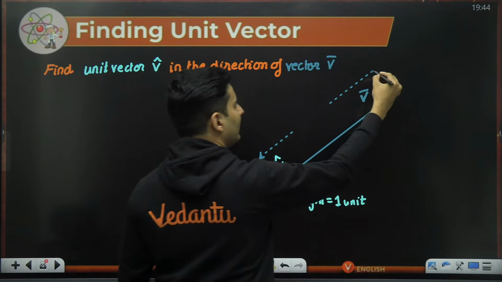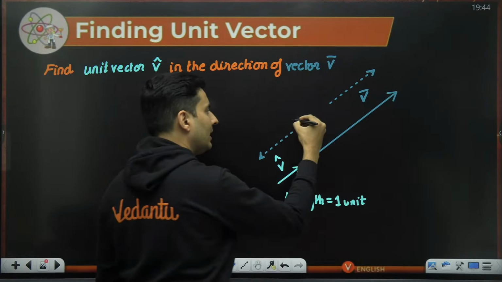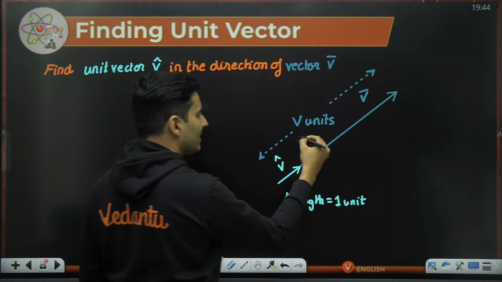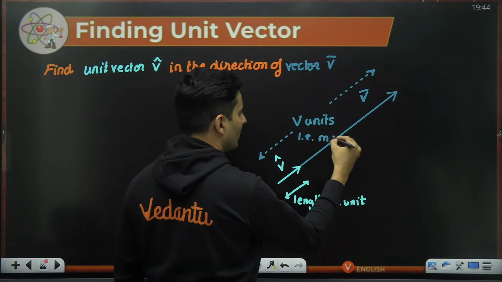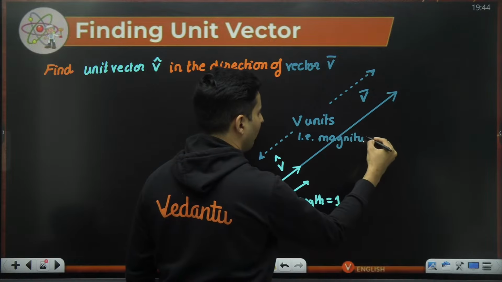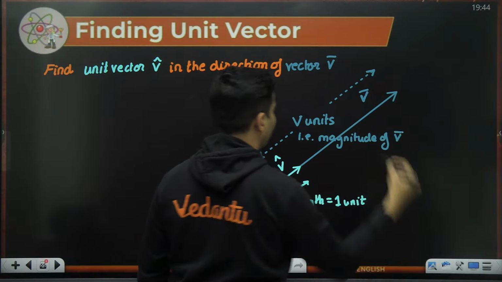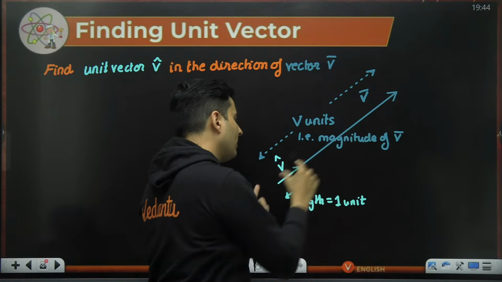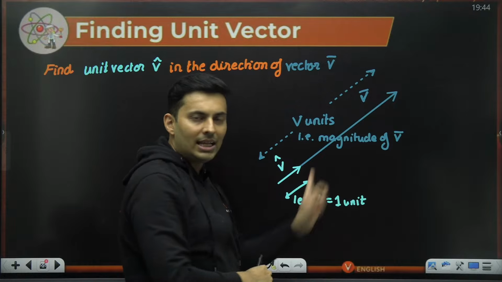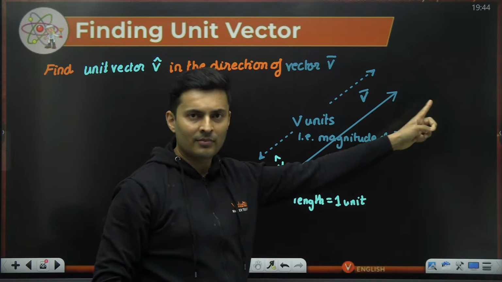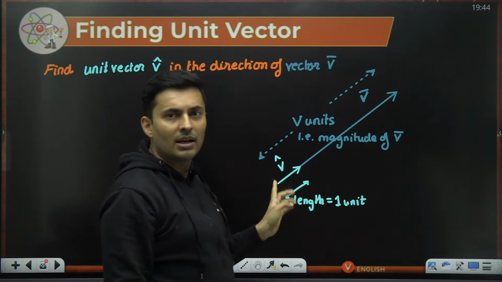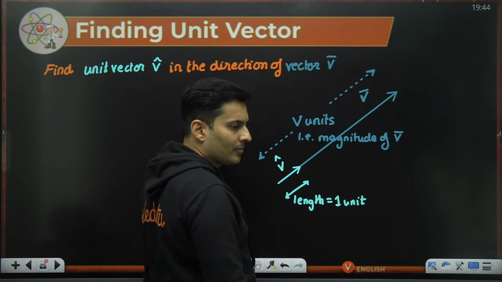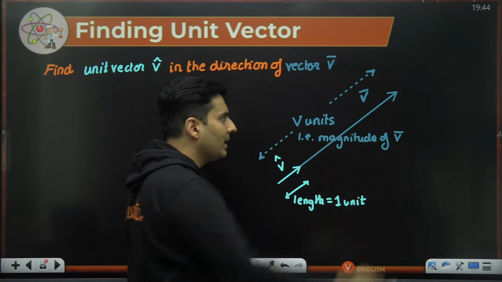It will be v units, which is the magnitude of the vector v. If the length is 7, the total length is 7, magnitude is 7. If the magnitude of this vector is 116, the length will be 116. So the magnitude is basically the length.